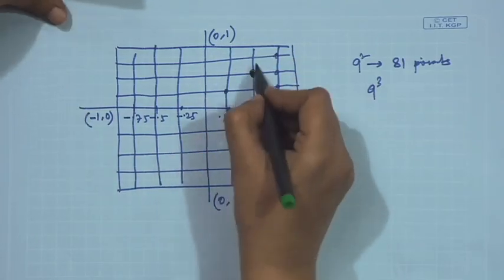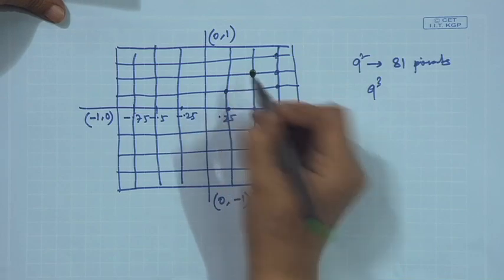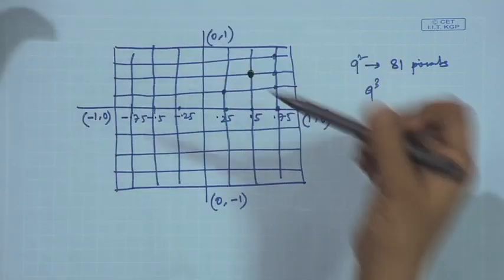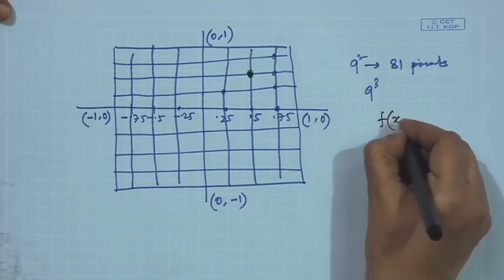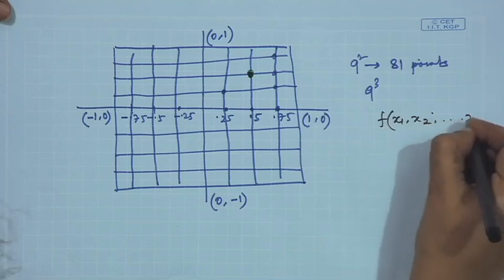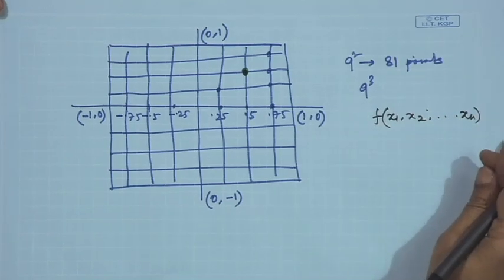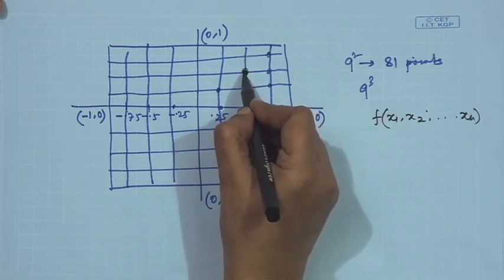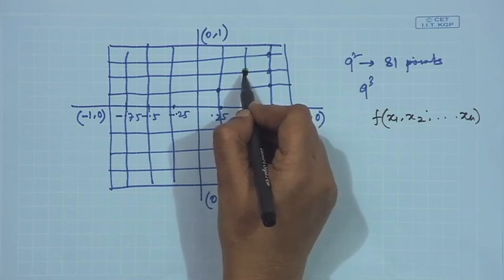Okay. Now, what grid walk does, say at this point my function is f of x1, x2, say up to xn, I am having an n dimensional function, alright. What it does at this point, you see we can move in an infinite number of directions, that is a problem.